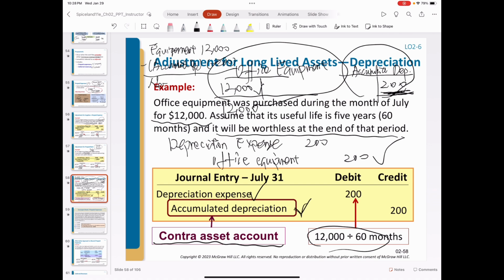So the net book value of equipment will be $11,800. Instead of providing just one number, we provide three numbers: original cost, accumulated depreciation, and net book value. You will see lots of control accounts in the follow-up examples and in this book. The purpose is the same: keep the original value and provide more useful information to the financial statement users.